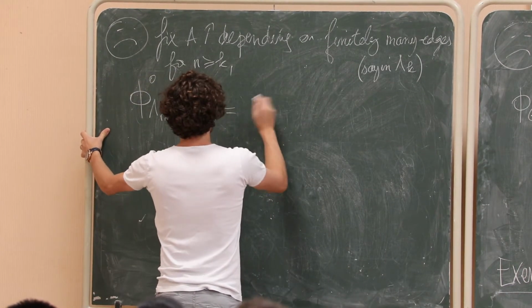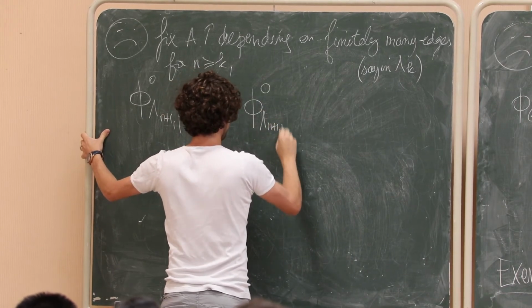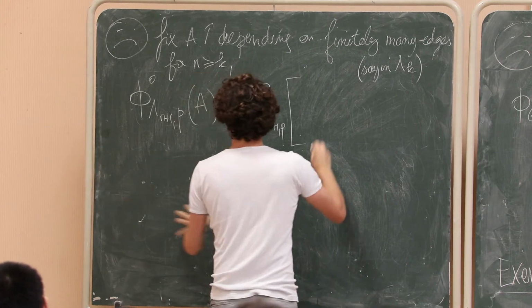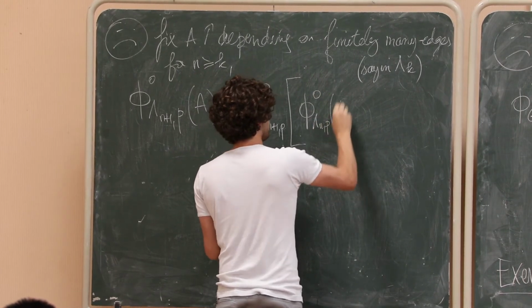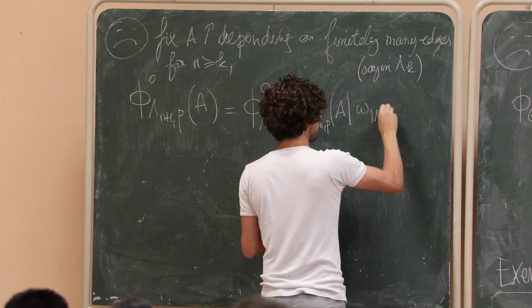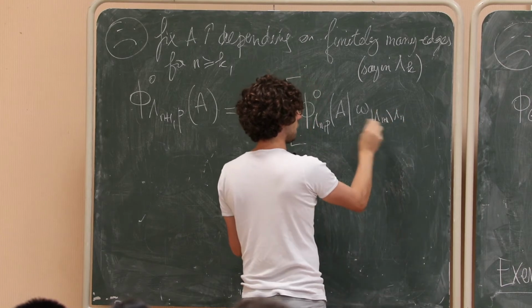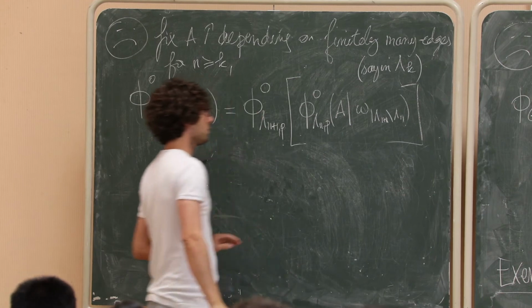So this is just the conditional expectation of phi lambda n plus 1 p of A, knowing omega in lambda n plus 1 minus lambda n, where by this I mean the edges of lambda n plus 1 minus the edges of lambda n.